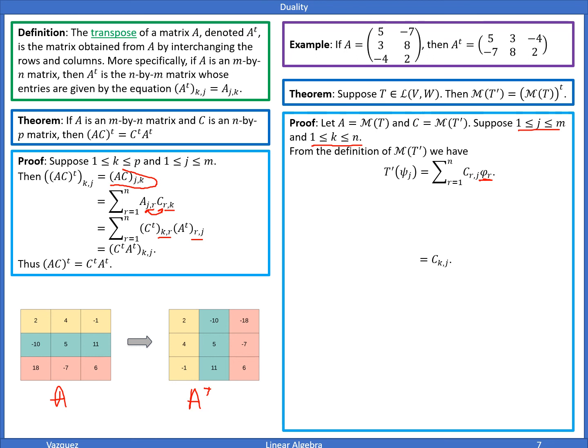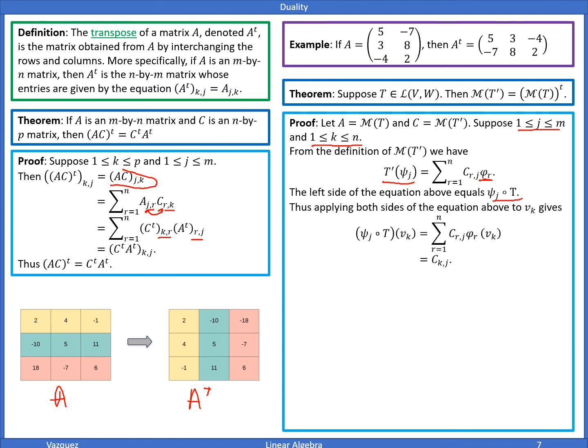And this is just really applying the matrix definition we had from the matrix section to the dual map. And so as the dual map is defined, that's just equal to this here, that composition. So now we plug in our vector vk over here.